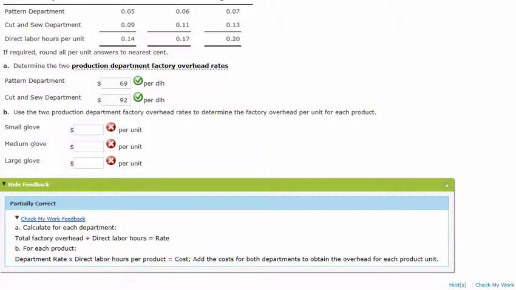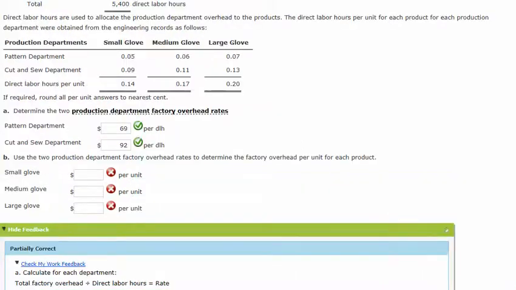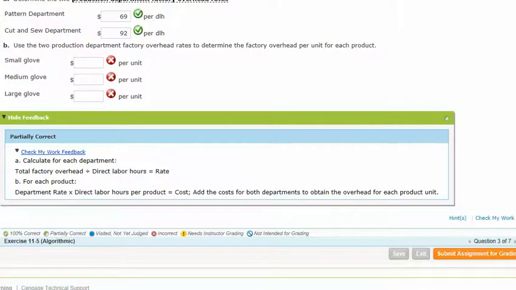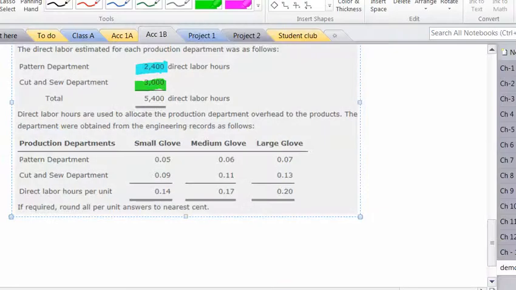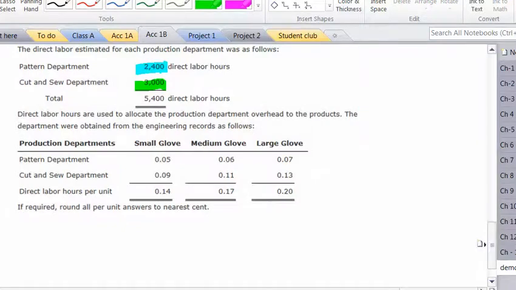Now, use the 2 production department factory overhead rates to determine the factory overhead per unit. It says that the pattern for the small glove takes a half an hour, and for the cut and sew, it takes 9/10 of an hour. So I'm going to take those amount of time consumed and multiply times my rate.